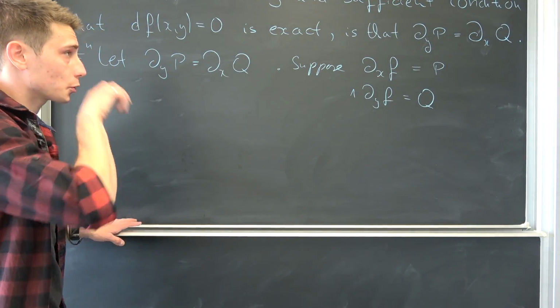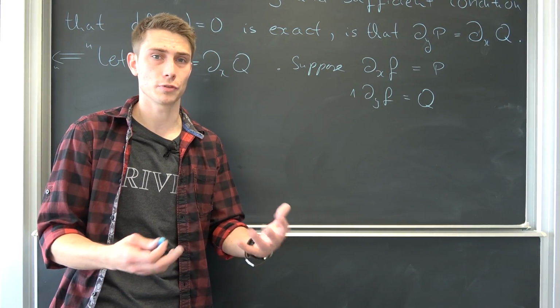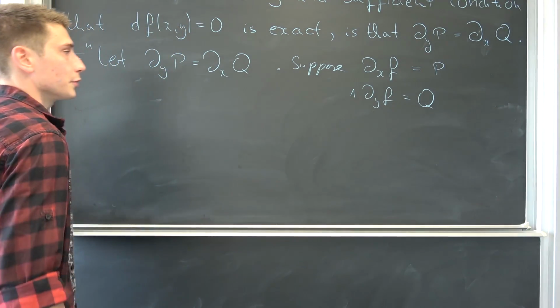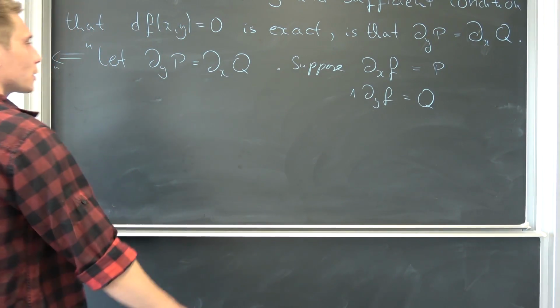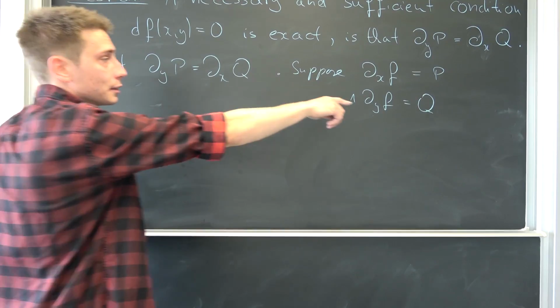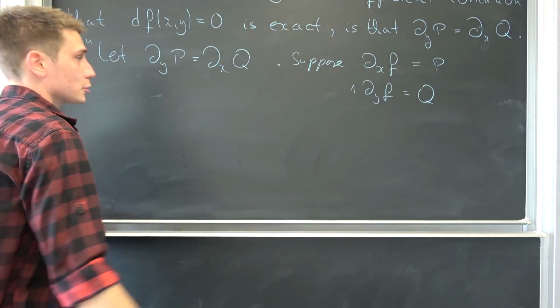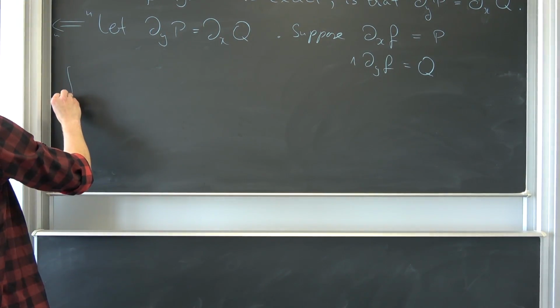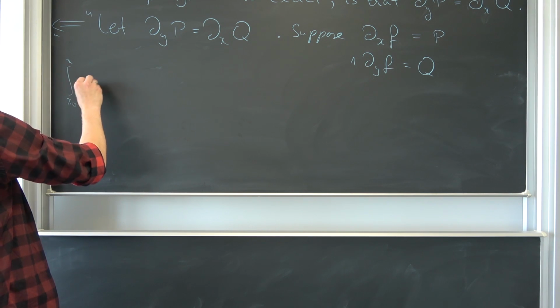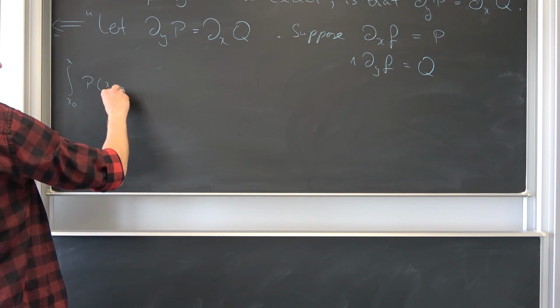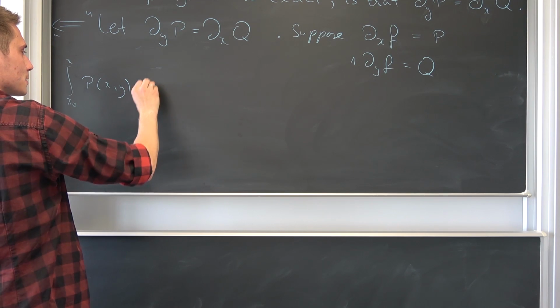So now what we are going to do is what we always do with differential equations. We are going to try and solve them. At first we are going to integrate p with respect to x, from x0 to x, p of x comma y with respect to x.